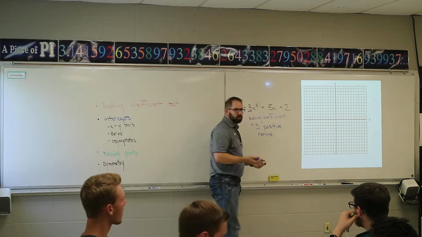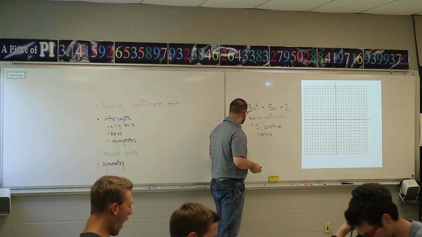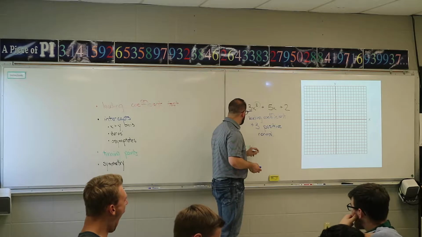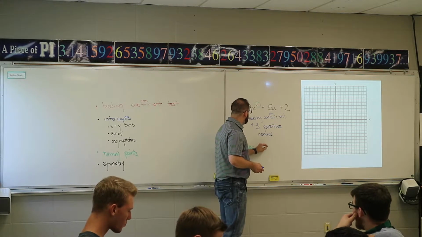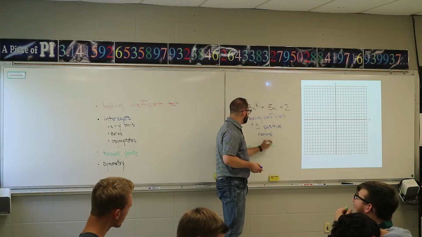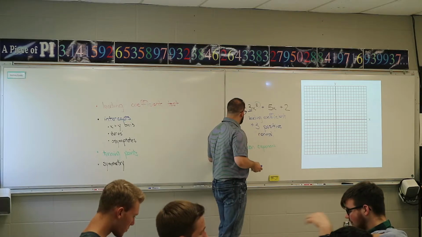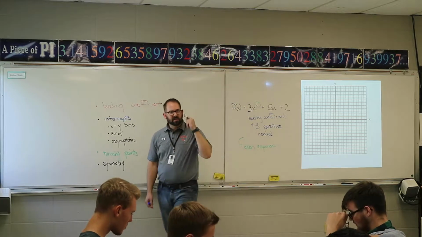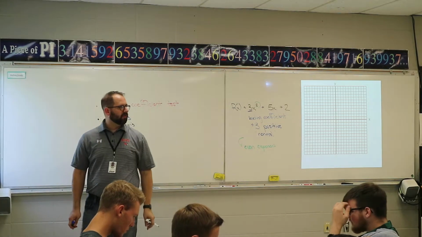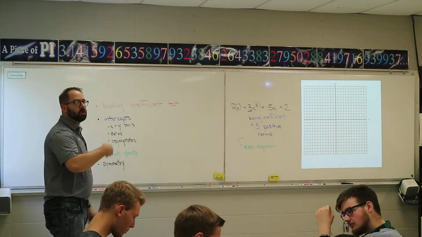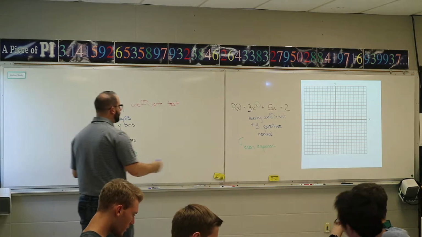It's a 2. Well, this is an even exponent. So I'm going to be drawing a normal picture for an even exponent. That's the things I look at when I look at the leading coefficient. Because it's positive, it's a normal picture for an even exponent problem.